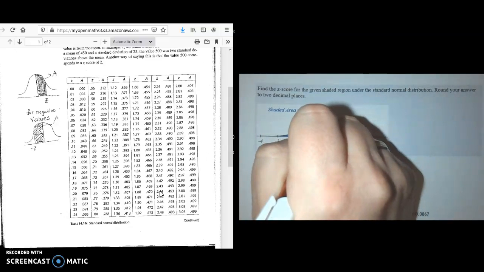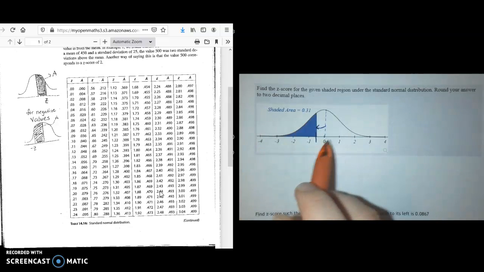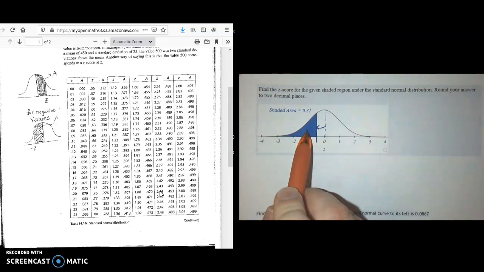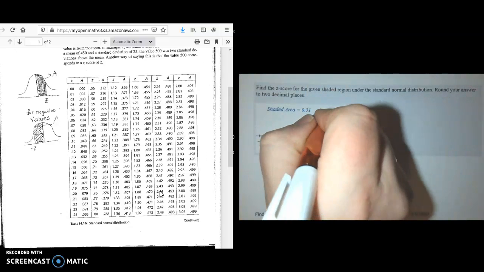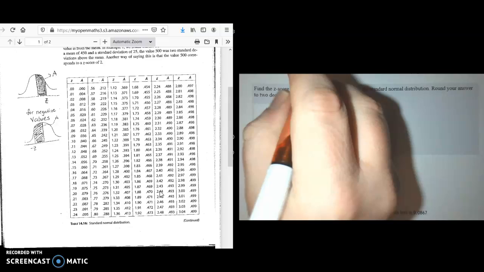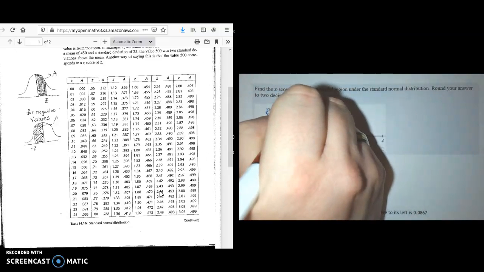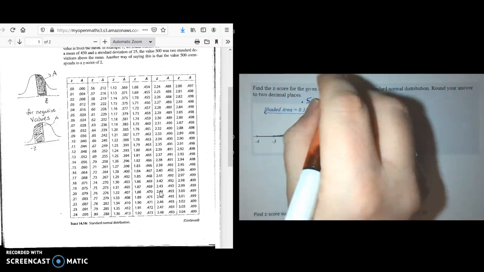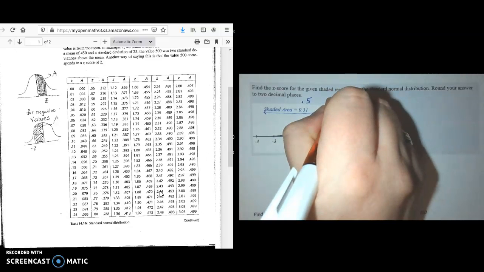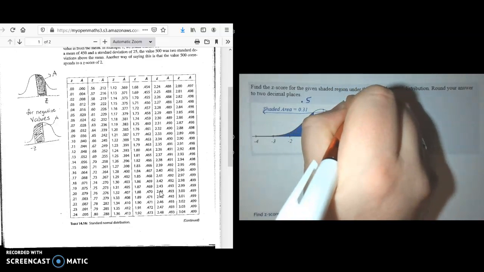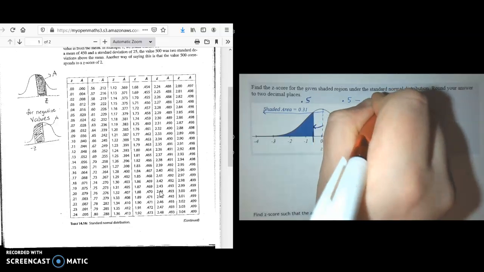The table will give me the area from the mean over to the z-score. I'm given this shaded area as 0.31. But I know that this entire side is 0.5. So all I need to do to find this area is to take 0.5 and subtract 0.31 from it.